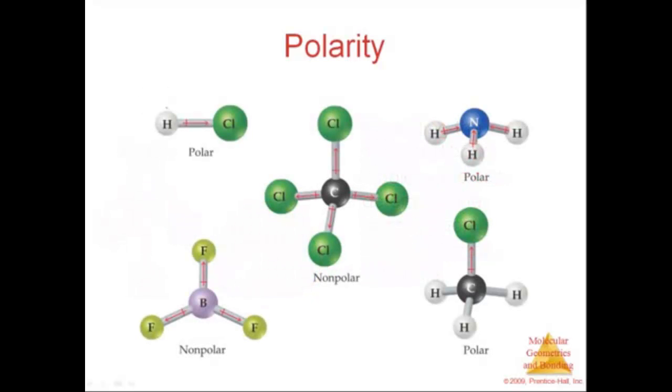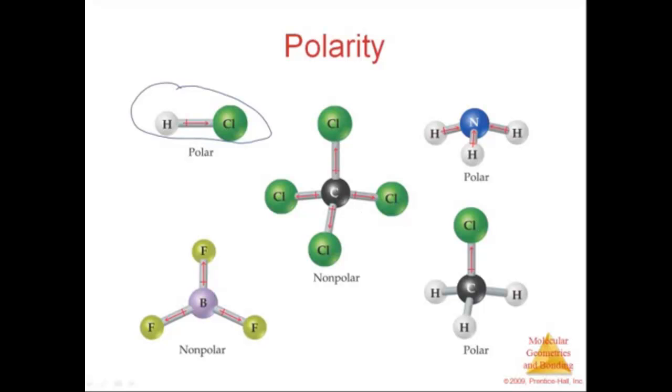So here I have a molecule. It's only got one bond, and that bond is polar, has a dipole, so the molecule is also polar. Here I have carbon tetrachloride. Each of these bonds is polar, and the dipoles point toward the chlorine because it's more electronegative. But if I add all of these dipoles together, they cancel out.